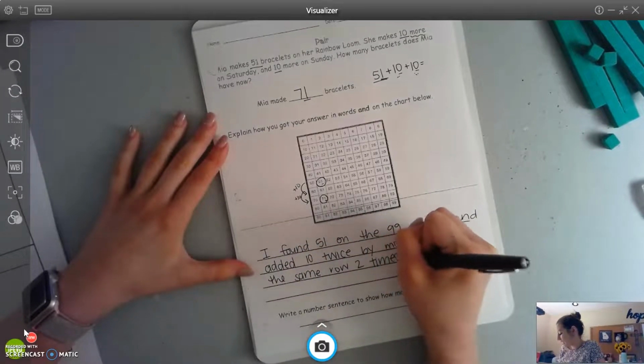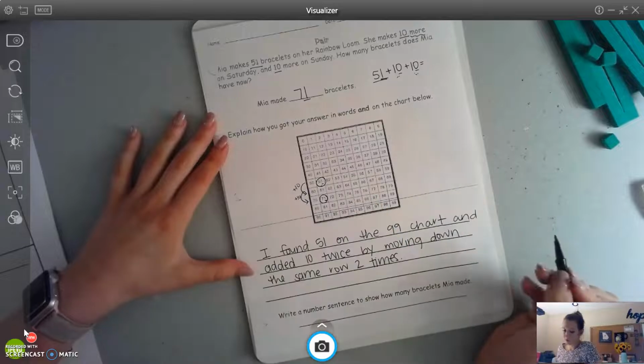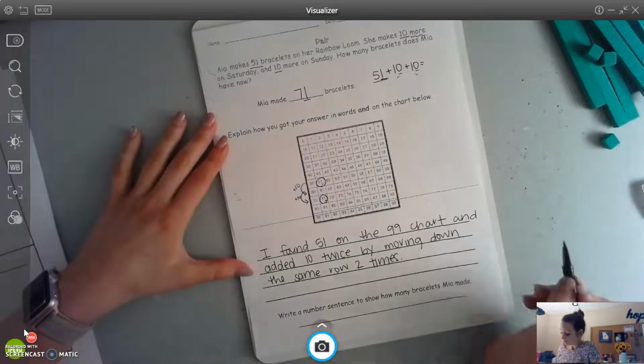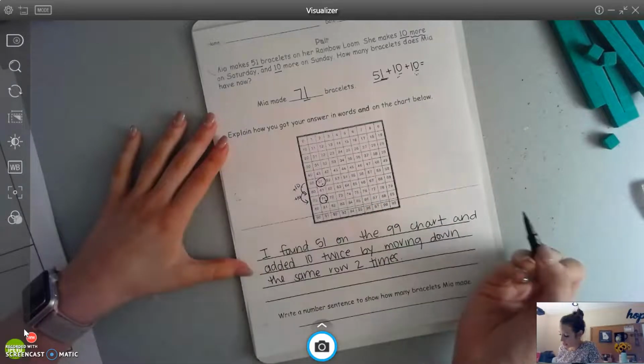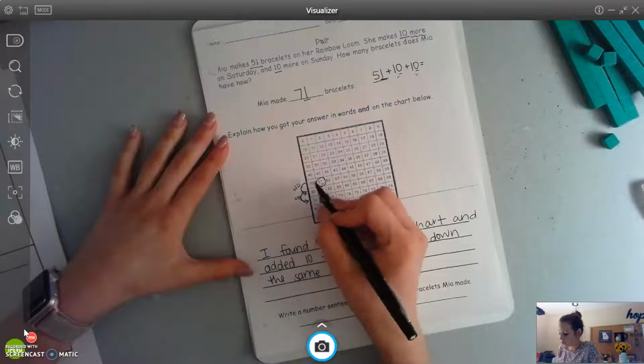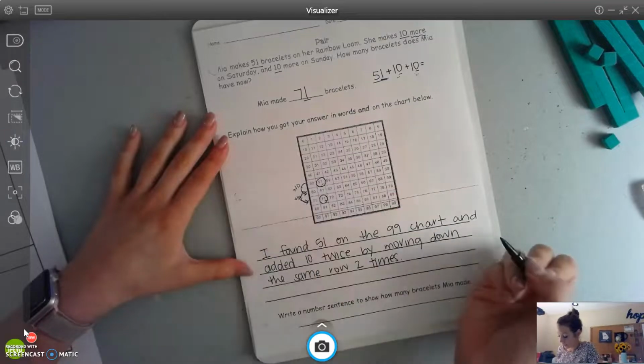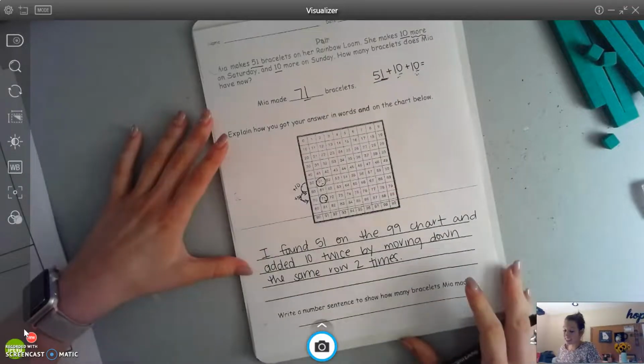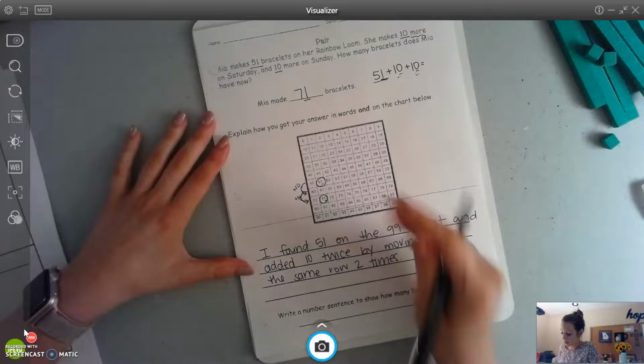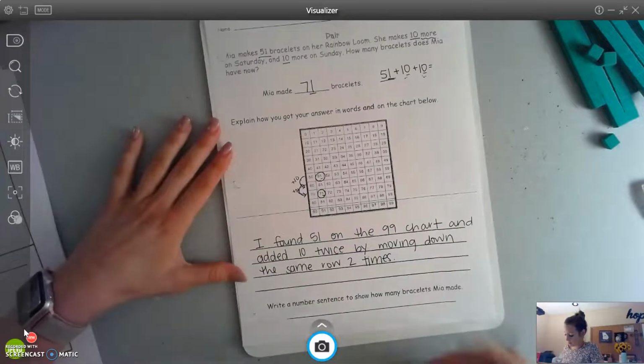So that's exactly what we did. We found the number 51 on the 99 chart, and we added 10 twice, and we moved down 2 rows on the 99 chart. So we moved down the same row, we stayed in the same line 2 times.